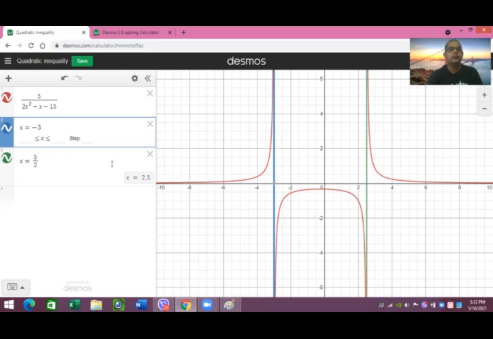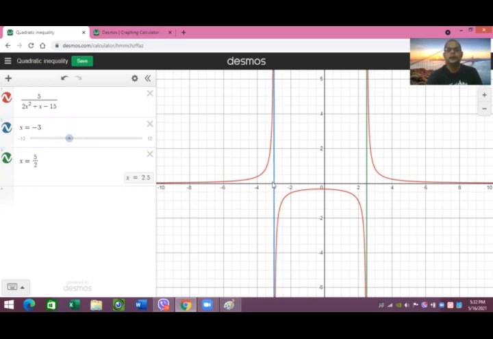So I took the line x equals -3 and another line x equals 5/2. But we have a lot of space for the graph of this function, and we require the graph in the range where 5/2 x squared plus x minus 15 is less than 0.